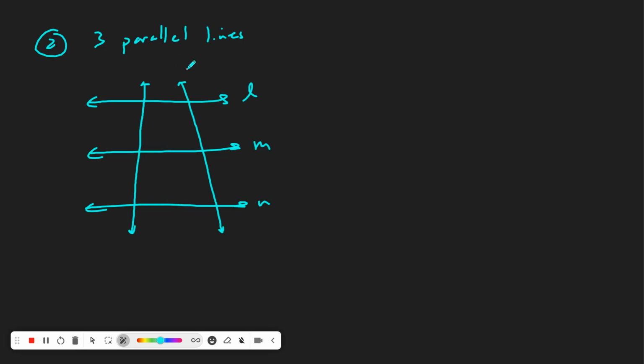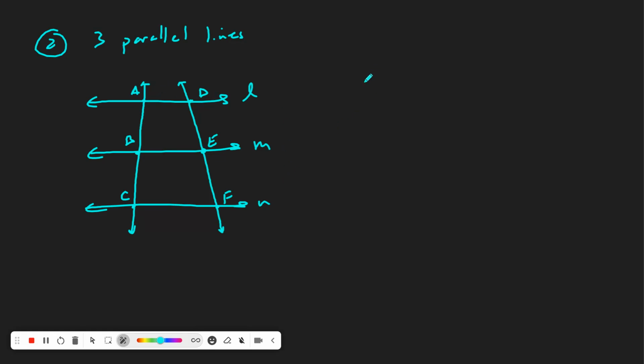There we go. And let's call this intersection point A. Let's call this intersection point B. Let's call this intersection point C. And then back to the top, D and E and F. So this picture works just like the side splitter theorem, right? Imagine that the triangle was formed if we extended those 2 transversals and they met.